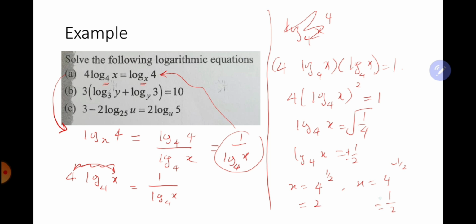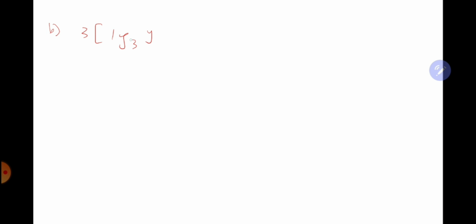Don't forget to check your answer. If in case extraneous solution occur, then you discard them. Okay, alright. For question B, we have 3 log y base 3 plus log 3 base y equals to 10. Okay, so kita tukar the base y ni jadi base 3.